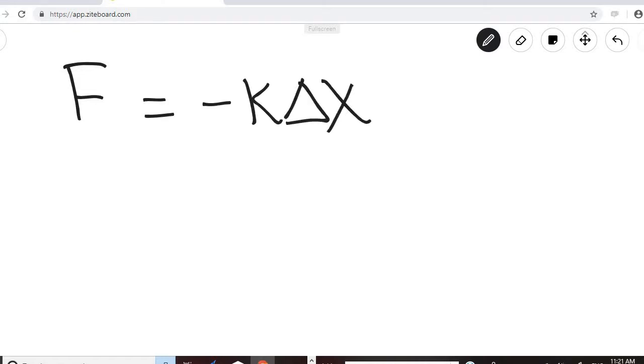Using experiments similar to this, Hooke was able to come up with a formula that says that force is equal to negative k times delta x. So let's start again here. We have a spring.